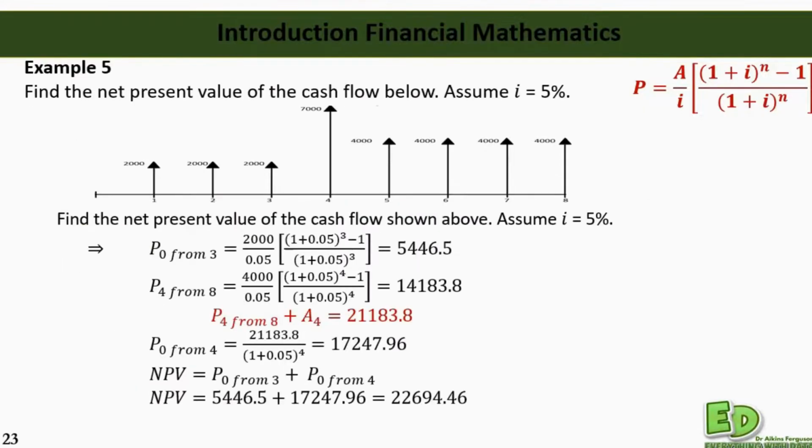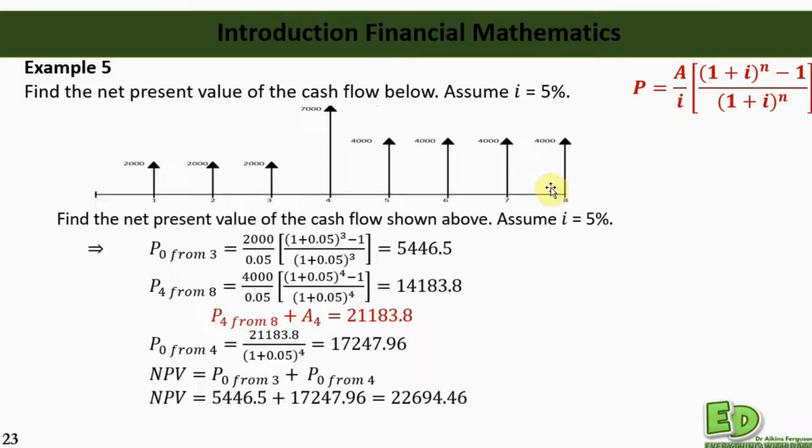Another practical example: find the net present value of the cash flow below, assuming an interest rate of 5%. Looking at this cash flow diagram, you have an inflow which is uniform for years 1, 2, 3, 2,000 throughout the 3 years. Year 4, you have a single sum of 7,000. From year 5 to year 8, you also have a uniform cash flow of 4,000 throughout 1, 2, 3, 4 years.